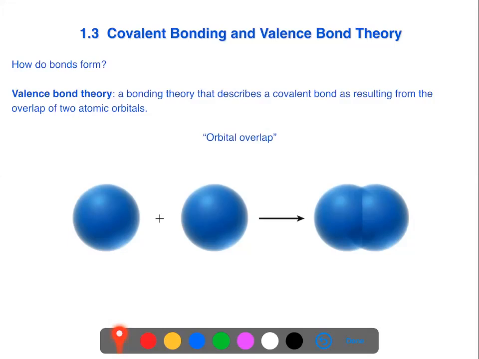So we're not going to be assigning, for the most part, energy values associated with these bonds, but we generally use this orbital overlap idea to discuss the relative strength of a bond. And we'll look at examples of that in a little bit more detail later on.